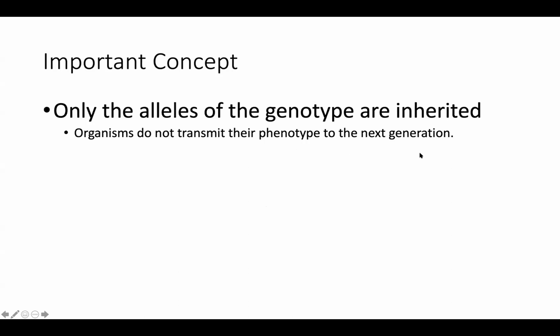So you don't inherit a phenotype, you inherit a genotype. And it is the genotype that dictates the phenotype. So make sure you understand that distinction. You don't inherit traits and looks per se, but you do inherit genes that influence the phenotype. Does that make sense?